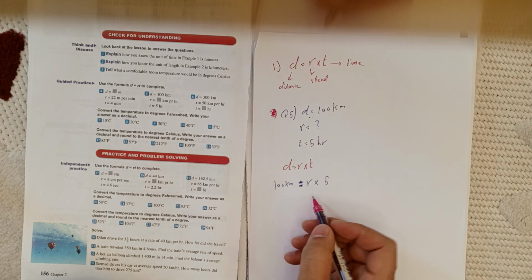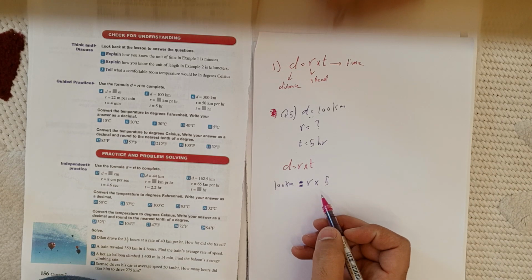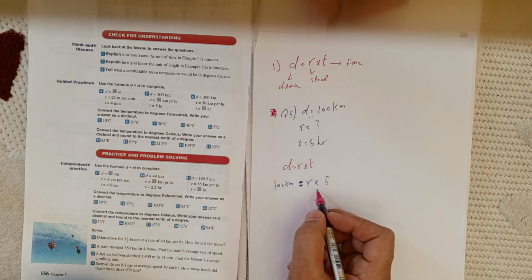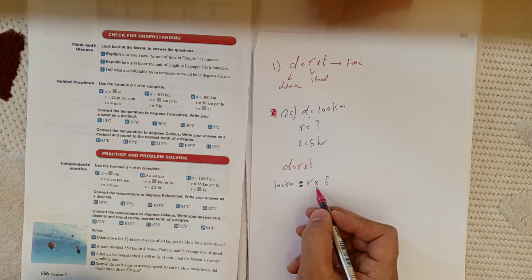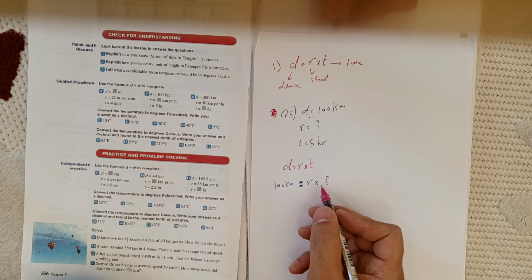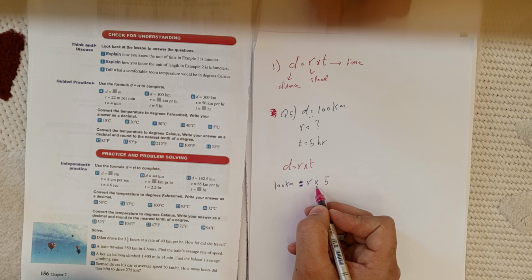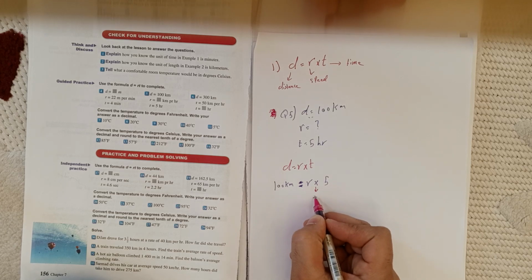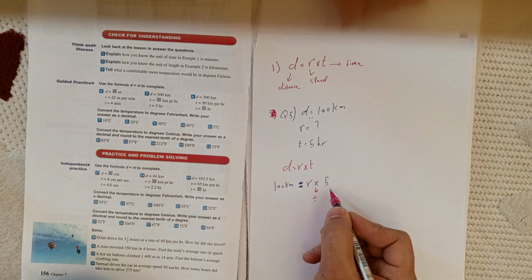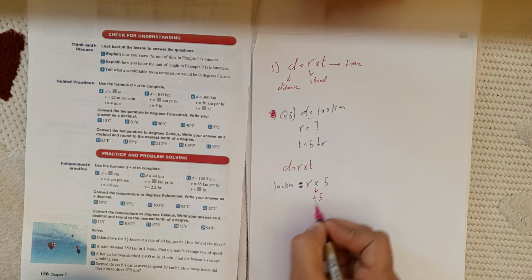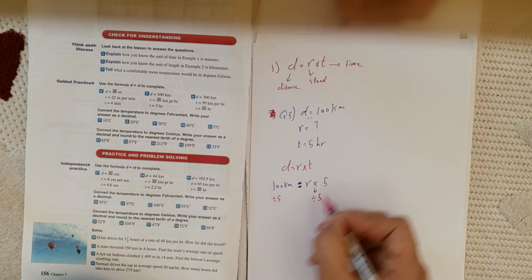So how can we find the variable in an equation? We need to take the opposite of the operations we studied in chapter 6. So here, to find R, we need to take the opposite of this operation, which is division. So divided by what? By the number that we have with this R, so 5 divided by 5.